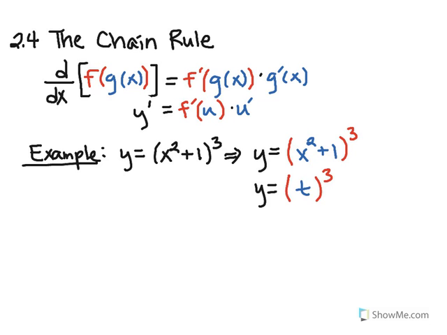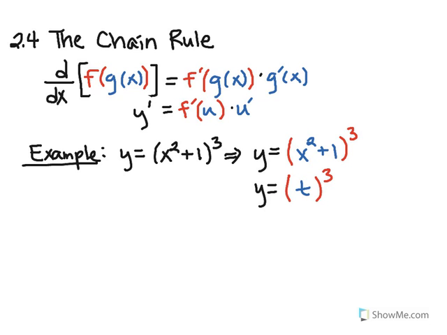Okay. So when I look up here at my rule, it says that the very first thing I'm going to do is take the derivative of my outside function, my f function. So when I replace my inside function with one variable, it becomes very easy to see how I'm going to derive that. This is just a very basic power rule. And the derivative of anything cubed, an x cubed or z cubed or y cubed, is 3 times x or t or whatever squared.